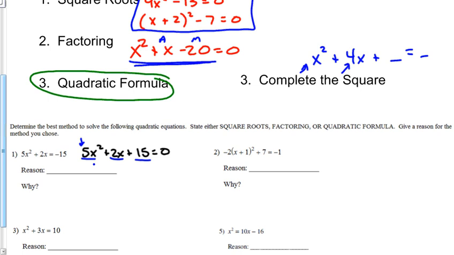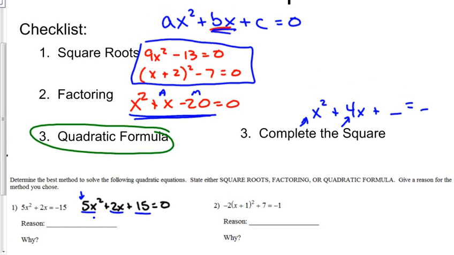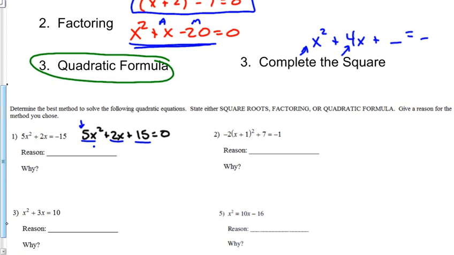So I'm not going to use factoring for that one. I also notice it's not missing the linear term or in vertex form, so I'm not going to use square roots, and then that 5 also makes it very difficult to complete the square. So this one is going to be a quadratic formula problem.